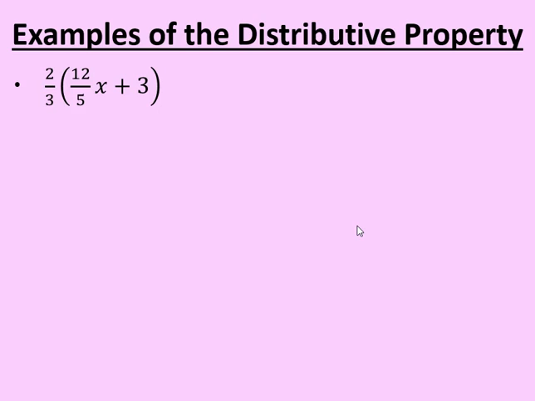Let's look at another example. This one has fractions, but the process will still be the same. We have 2/3 times the sum of 12/5 x and 3.